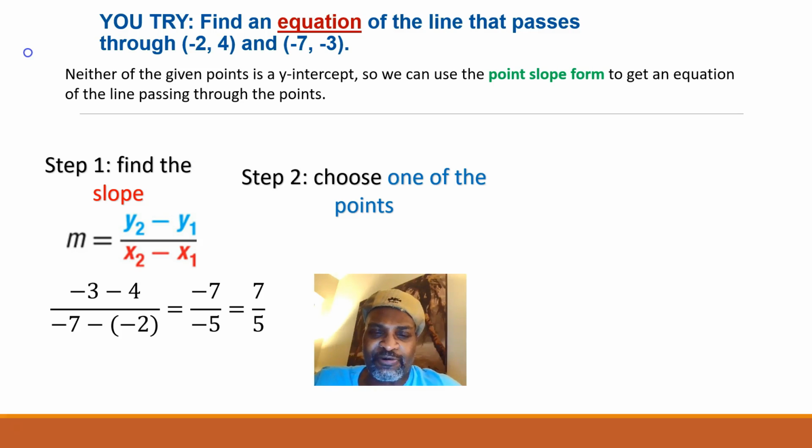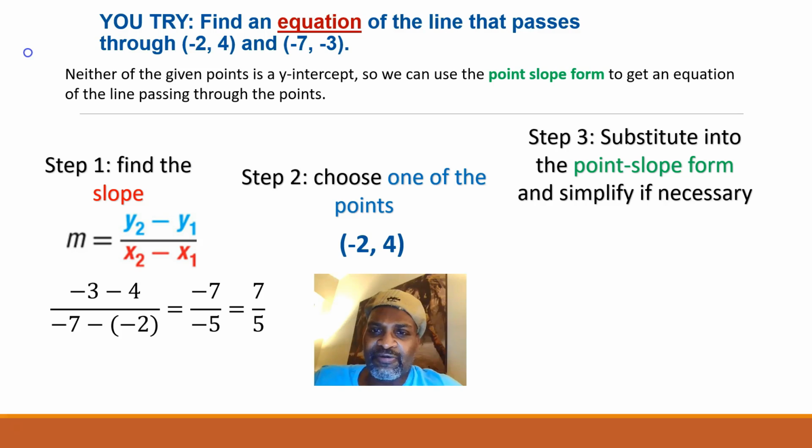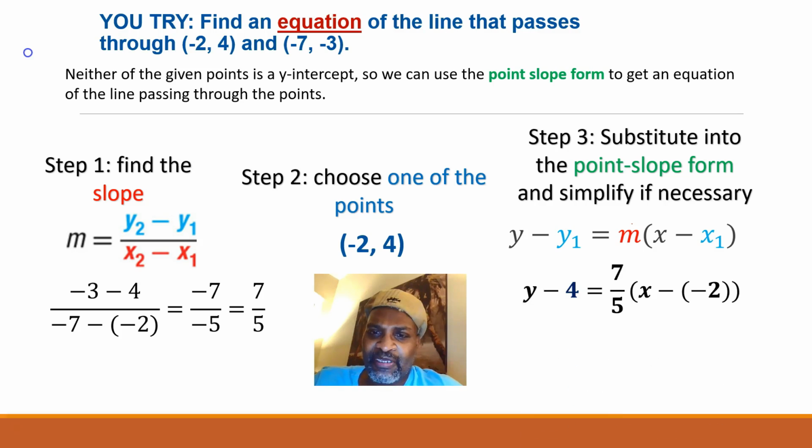Now we're going to choose one of the points. I decided to use the point (-2, 4) because there's only one negative to worry about. Then we'll go to step 3, substitute your point and your slope into the point-slope form and simplify if necessary. So here's the point-slope form.